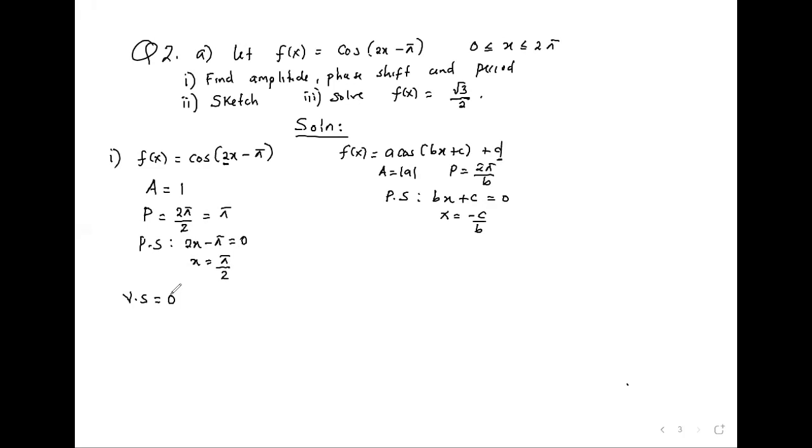While finding the vertical shift, we want to use it to find the maximum. What will be the maximum value of our graph? It will be the vertical shift plus the amplitude, which is 0 plus 1. So we get 1. And what's the minimum value?